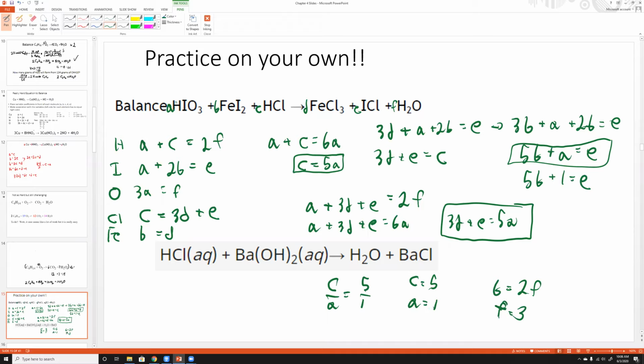So we go back here. We know that C is 5, and we could use this chlorine equation. We can do 5 equals 3D plus E. And what do we know about E? Here we know that E is 5B plus A. That's not true. Hold on, cross that out. We're using this equation right here.